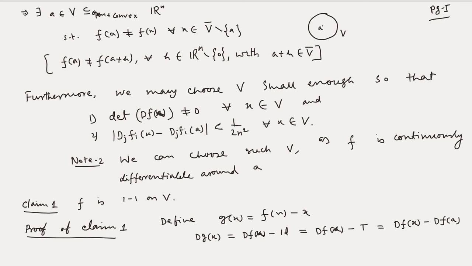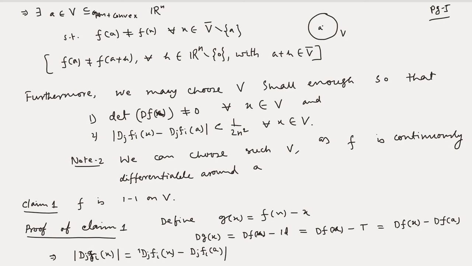And now this implies the absolute value of the jth partial derivative of the ith component function of g at the point x is equal to the absolute value of D_j f_i at x minus D_j f_i at a.